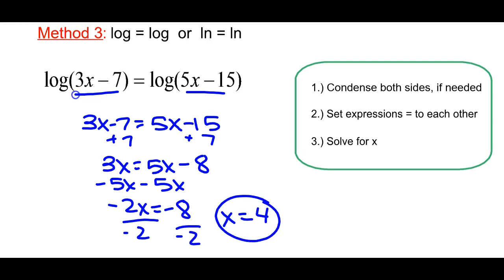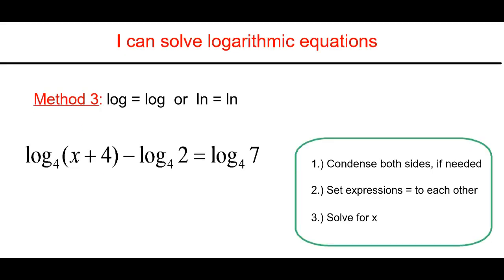Now one thing we need to be concerned about is when we plug that positive 4 back into this expression or this expression, we want to make sure that if we evaluate 3 times 4 minus 7 or 5 times 4 minus 15, we get positive numbers in both cases, which we do. So that one's good.